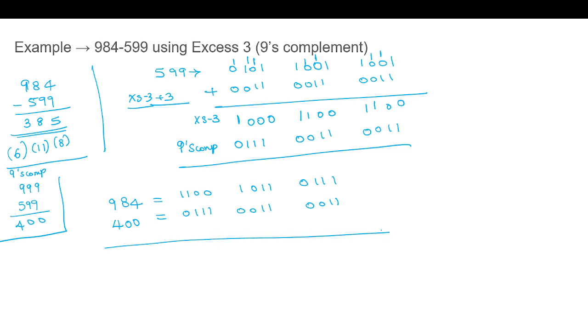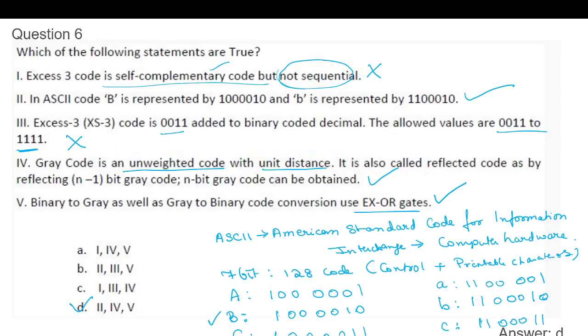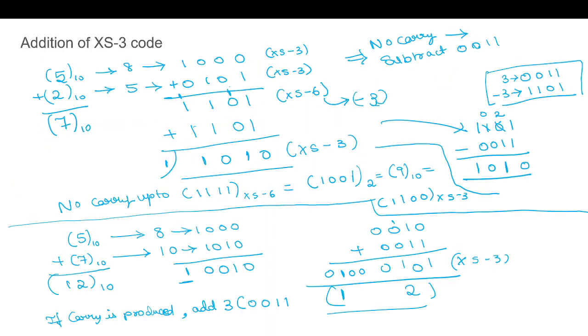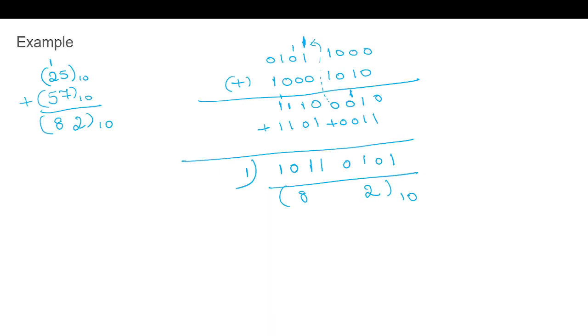Next, we have to perform the addition. 0 1 1, 0 1. So there is no carry. What we have to do when there is no carry? If carry is produced, we have to add. If no carry, we have to subtract.